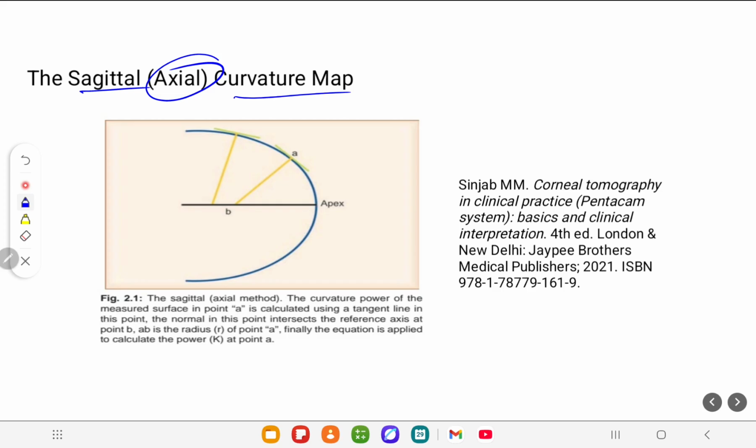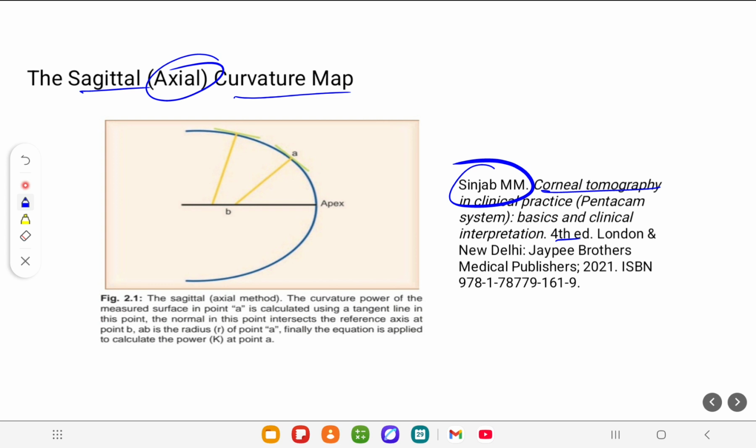Basically, a curvature map means it will give you curvature. This picture I've taken from Professor Sinjab, Corneal Tomography, fourth edition. It gives the curvature of the anterior surface and posterior surface, no matter what. But how it creates the curvature map, that matters.